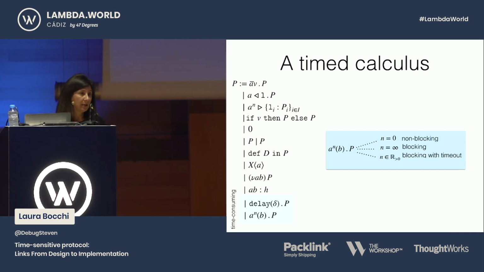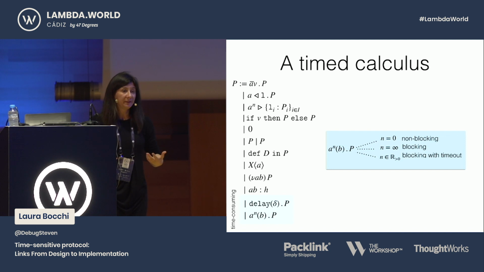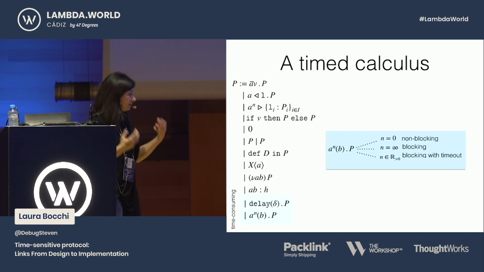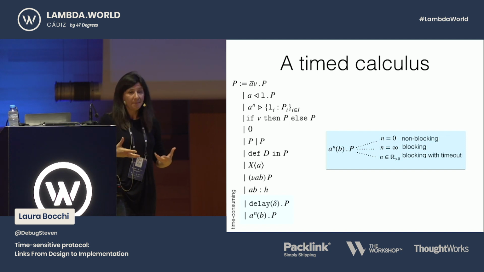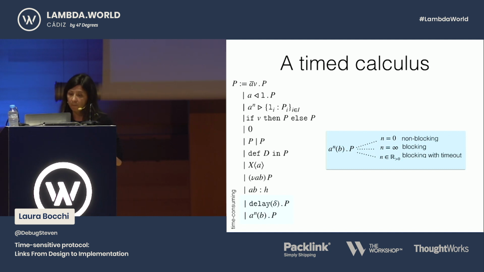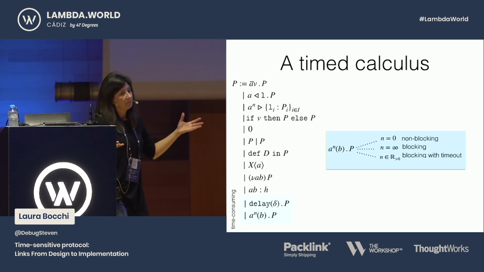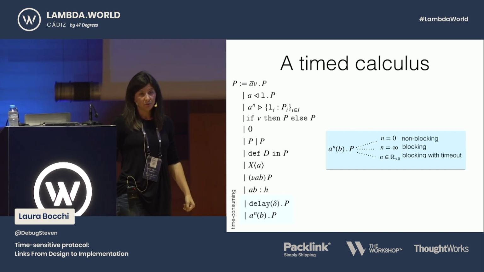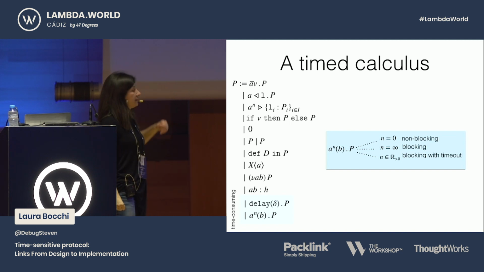If we set n equal to 0, we have a non-blocking primitive. These primitives look in the queue and want the message immediately. If the message is not there, they throw an exception. We can have a blocking primitive, the primitive that remains blocked forever until the message is received. Or you may add a timeout.